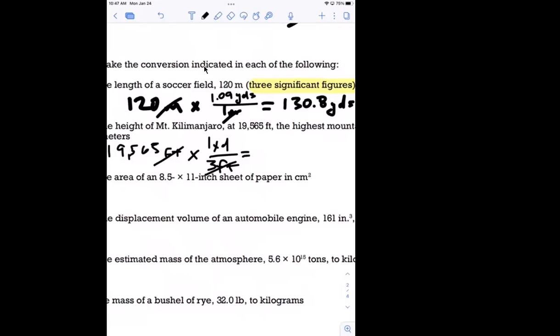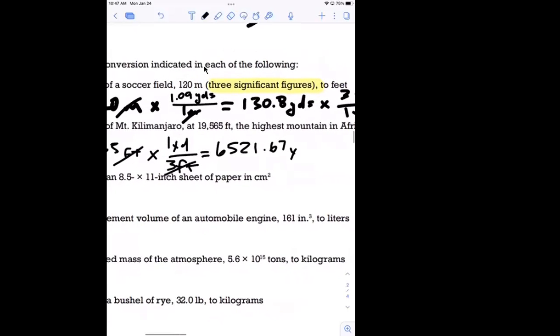It doesn't matter. We're dividing 19,565 by 3. I got 6,521.6 with the line over it and a 7, so 0.67, and we say that's yards, right?